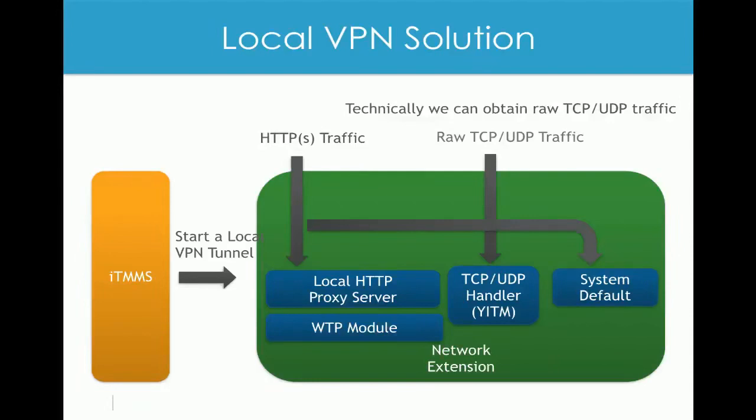The local VPN will extract the traffic on the local user end, such as files, pictures, and mobile config profiles and IPA files.